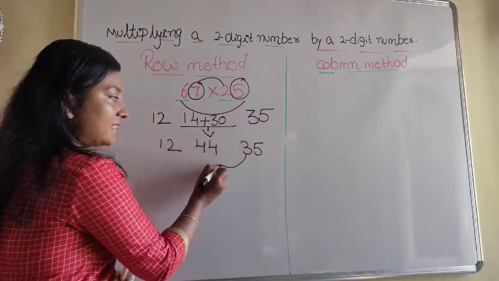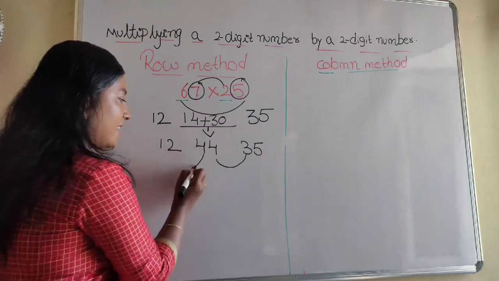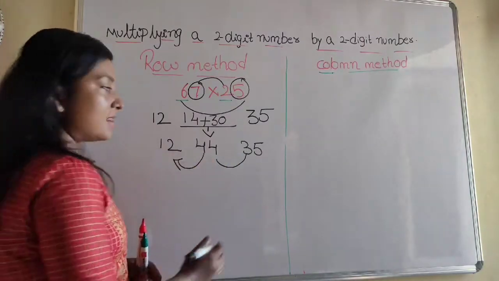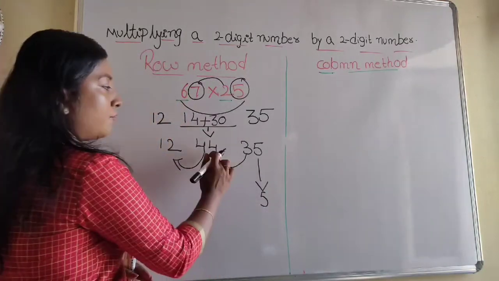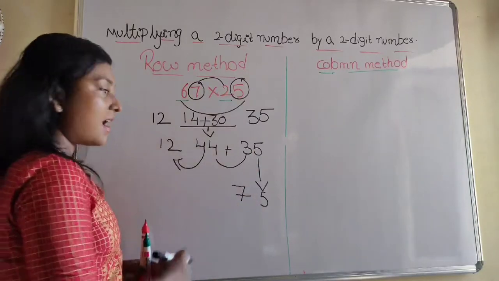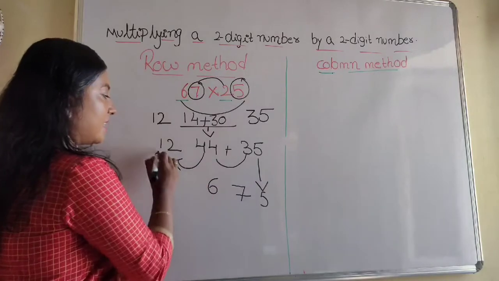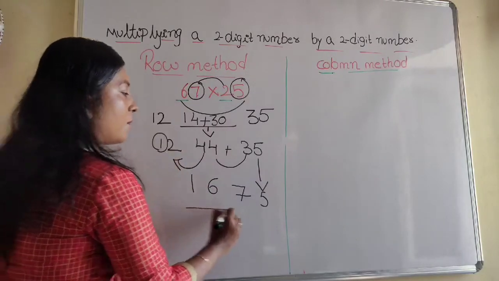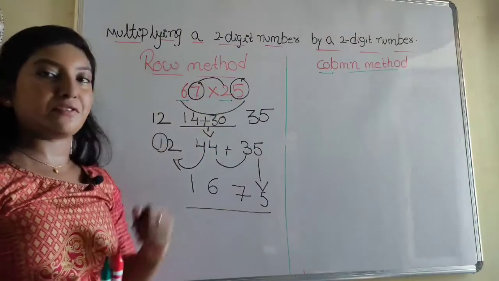Add these two digits, 3 plus 4, and add these two digits. And get this 5 down. 4 plus 3 gives 7, and 4 plus 2 gives 6 and 1. 1675 is the result of 67 into 25.